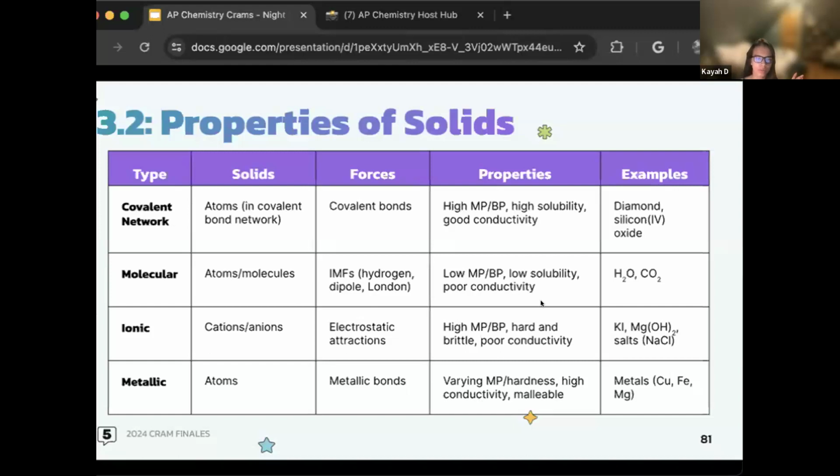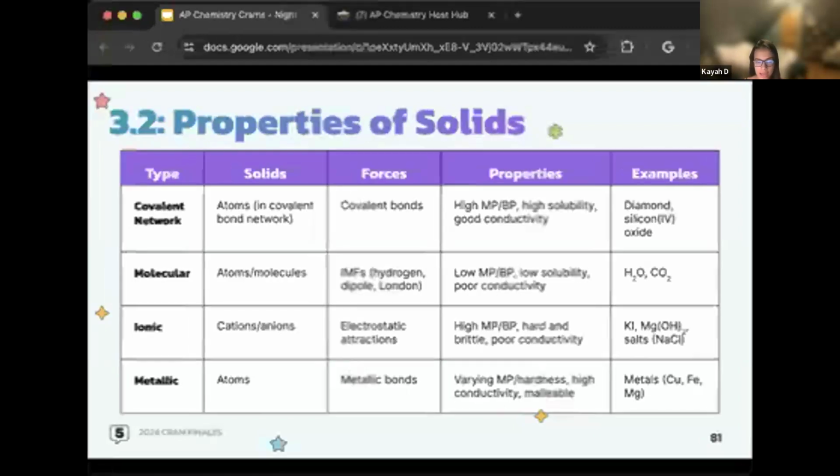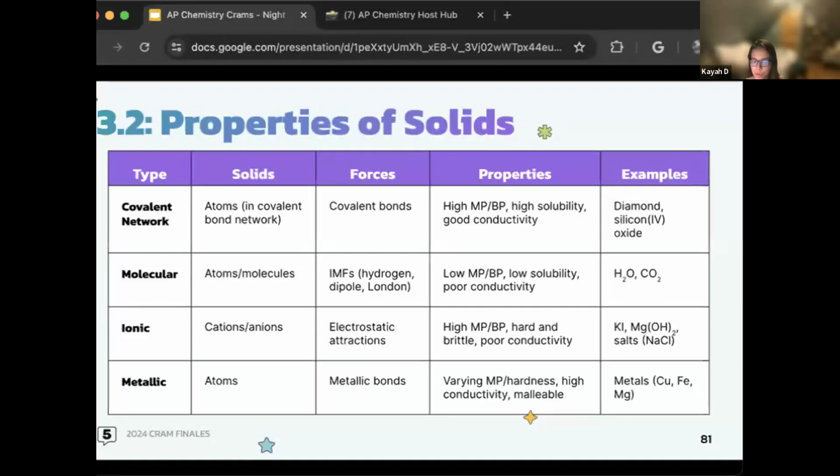And then for molecular solids, you have atoms and molecules that are held together with intermolecular forces, like hydrogen bonding, dipole-dipole forces, and dispersion forces. The properties of these molecular solids are low melting and boiling points. They're not very soluble, and they have quite poor conductivity. Some examples are H2O and CO2.